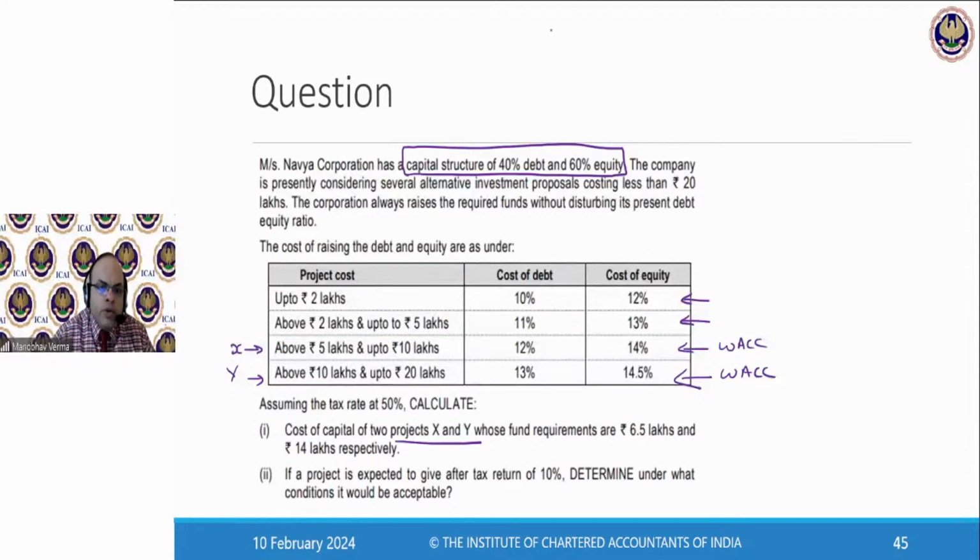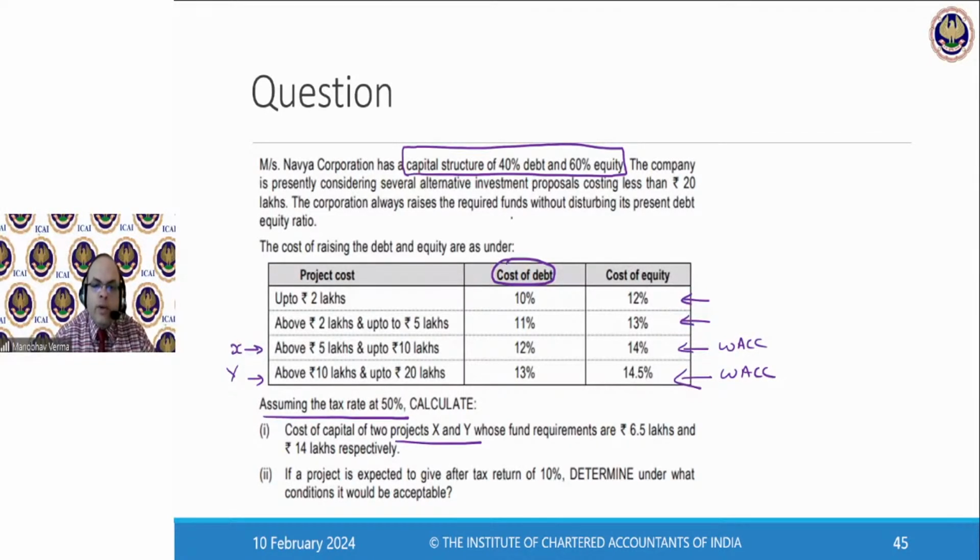Yeah. So what we can quickly check here is the different costs of capital. Mind you, the cost of debt is given to us as 10%, 11%, 12%, and so on. Please don't make the mistake of using this entirely. This is cost of debt and not after-tax cost of debt. Mind you, they are giving you a tax rate of 50%.